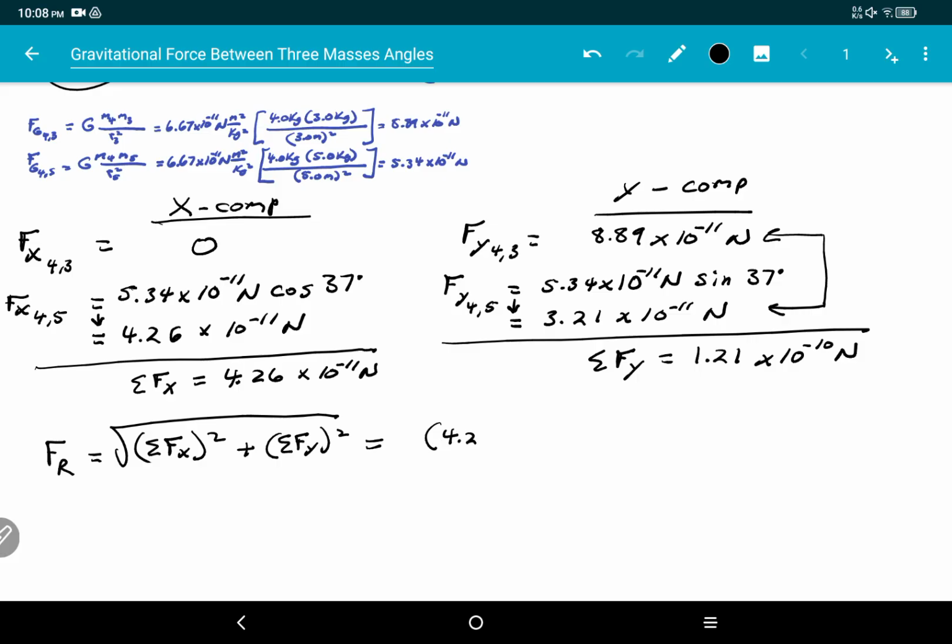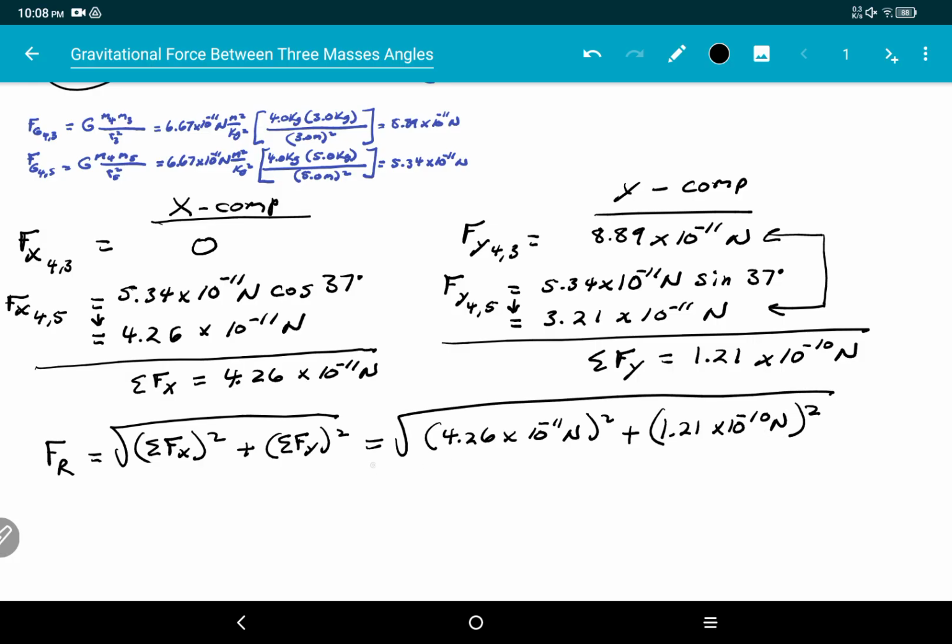So, 4.26 times 10 to the negative 11 newtons, square it, plus 1.21 times 10 to the negative 10 newtons, square that also, square root, and this answer is, to 2 sig figs, 1.3 times 10 to the negative 10 newtons. So the 4 kilograms is going to experience a 1.3 times 10 to the negative 10 Newton force upward.